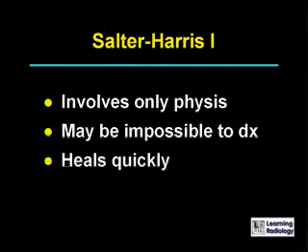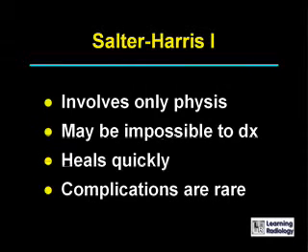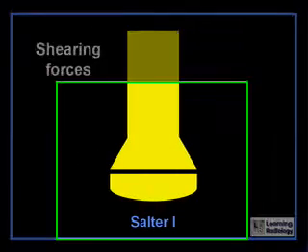A Salter-Harris 1 fracture involves only the epiphyseal plate. Unless there is some displacement of the epiphysis on the metaphysis or widening of the epiphyseal plate, these could be impossible to diagnose. They tend to heal quickly in a matter of just a few weeks, and complications are rare.